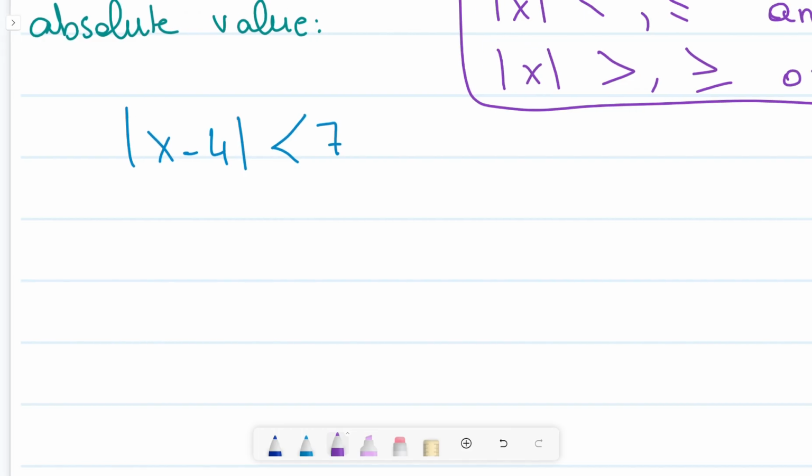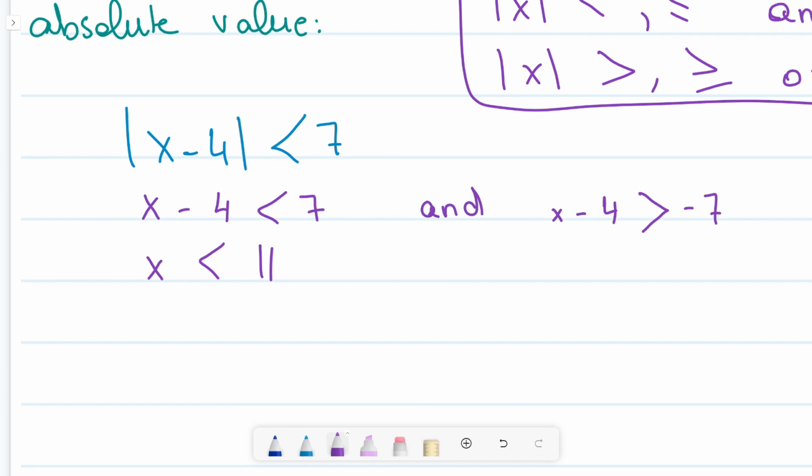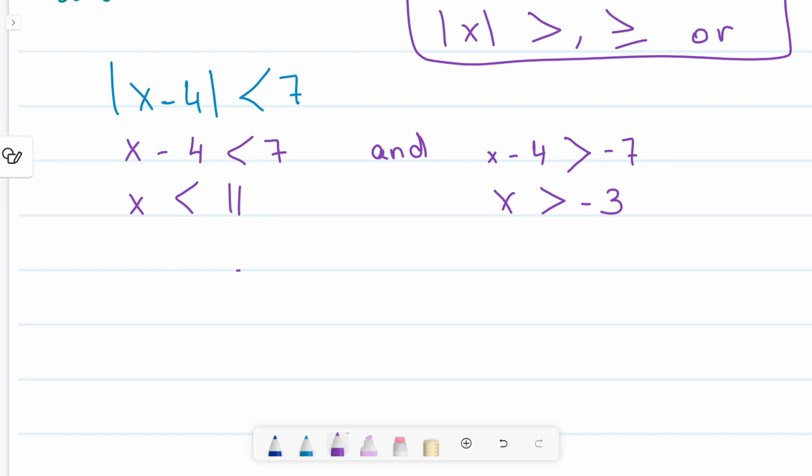When we have the absolute value of x minus 4 is less than 7, first rewrite it, and rewrite it again, but flip the inequality and flip the sign of 7. Solve each of these inequalities. On the left, we get x is less than 11. On the right, x is greater than -3.